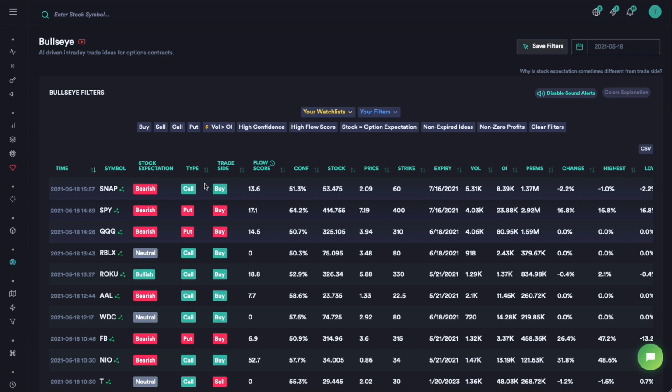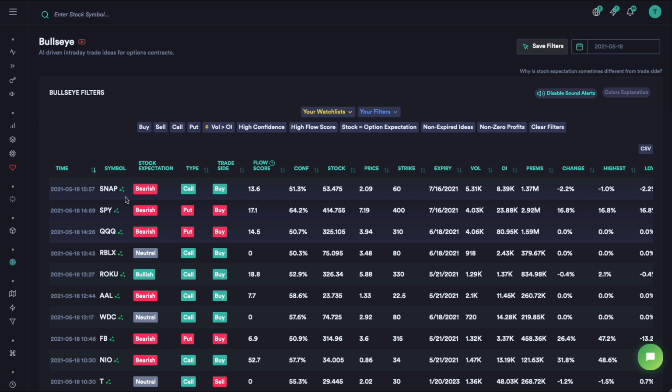And there are actually two tools within the same tool. One, the actual Bullseye tool, looks at different contracts and their individual options flow data, and tries to figure out if that individual contract is going to go up or down. But this stock expectation column comes from our Options Droid tool, which we have now removed and merged into Bullseye.